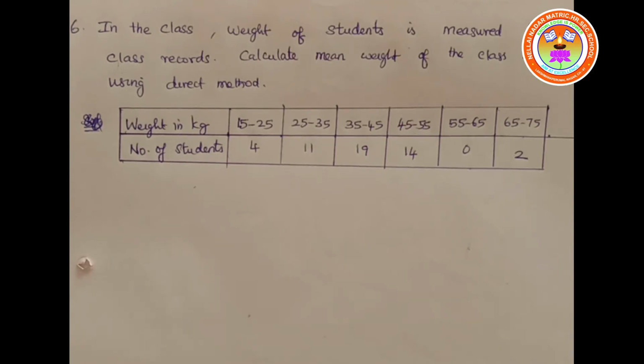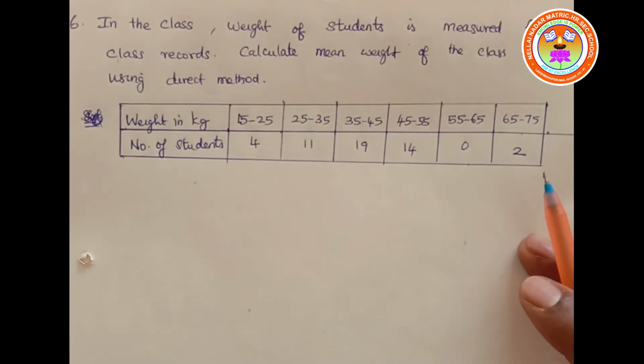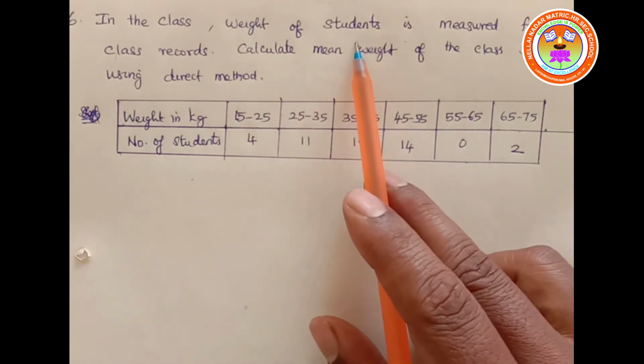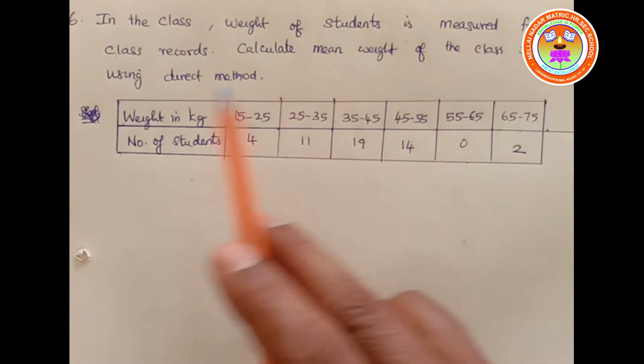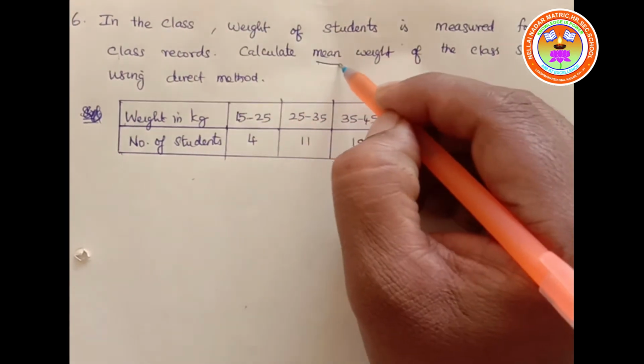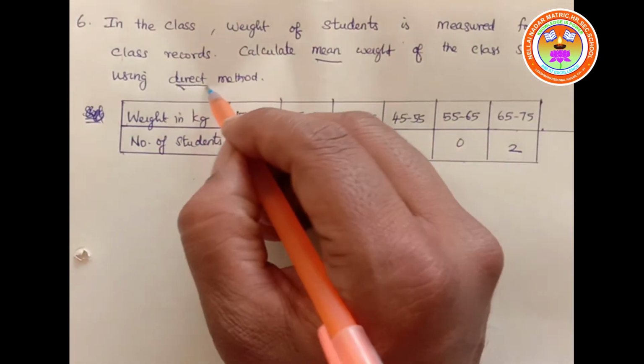This is a class interval model, children. Class interval model, lower limit and upper limit are given. In the class, the weight of students is measured for the class records. Calculate the mean. You are going to calculate the mean weight of the class students using the direct method. It's given, direct method itself.